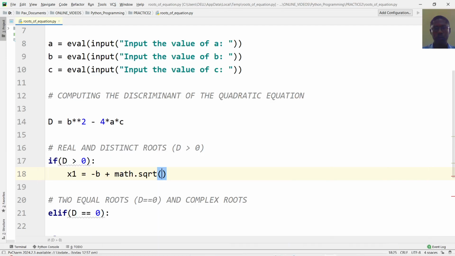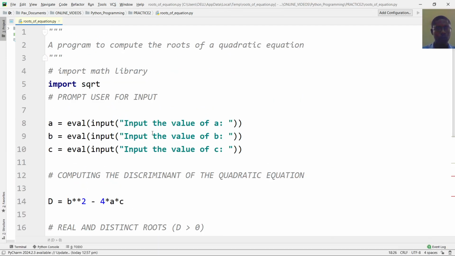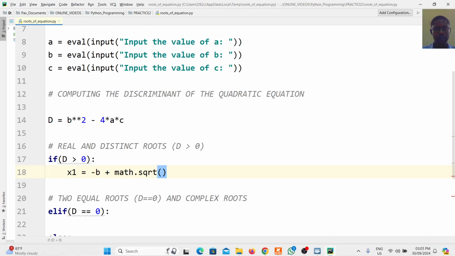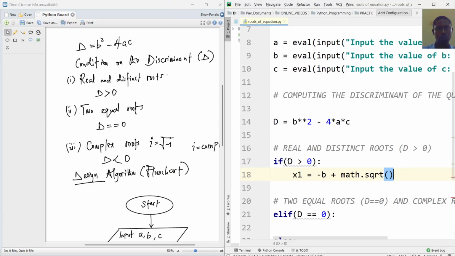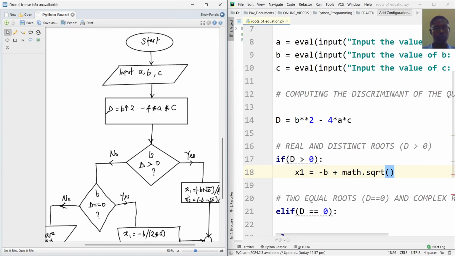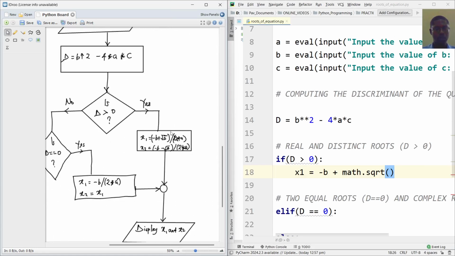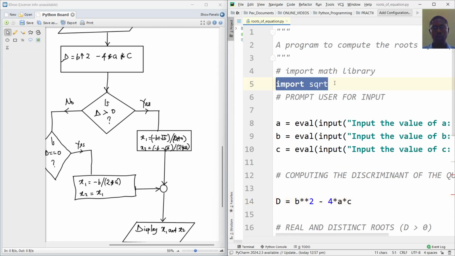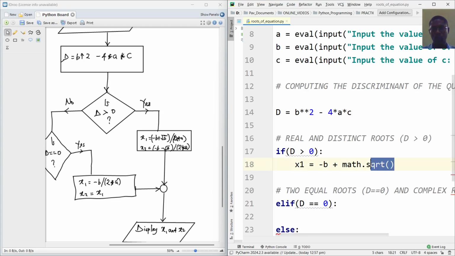For us to use the square root function, remember at this point we made use of square root. Look at this, square root of d. So for us to make use of the square root, we have to import math. Then we call the math.sqrt function.